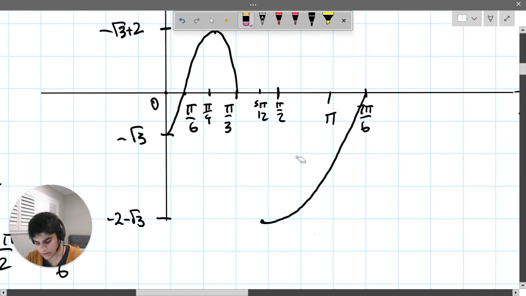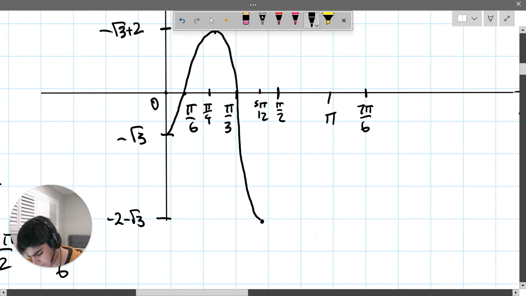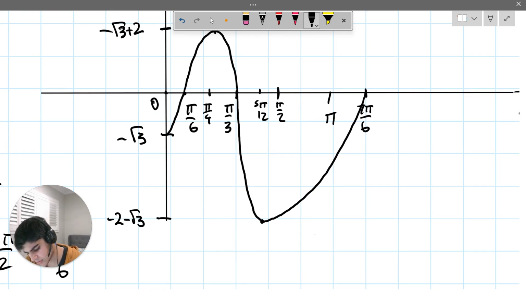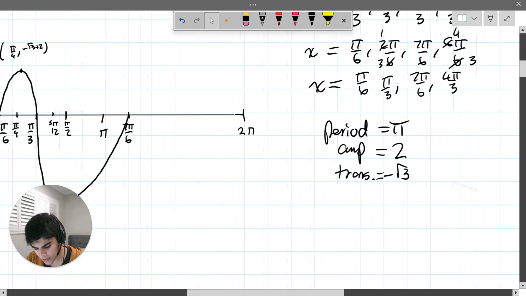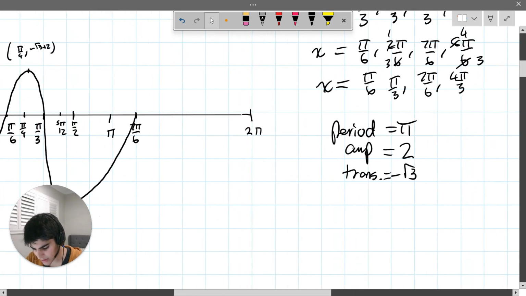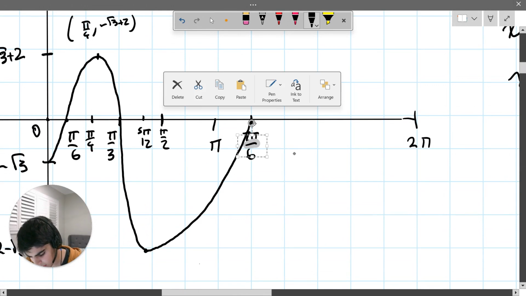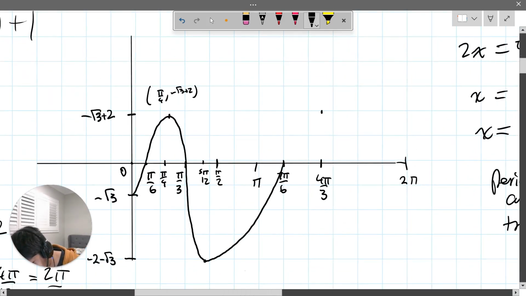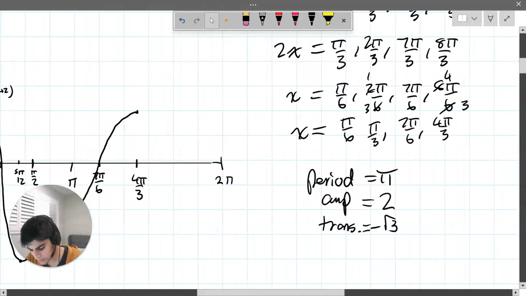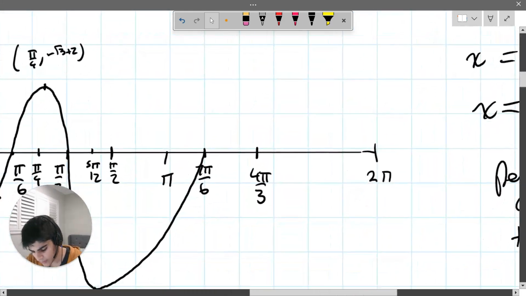Let me just fix this up. 7 pi on 6, plus 4 pi on 6, that's approximately 8 pi on 6, which is 4 pi on 3. 4 pi on 3 is approximately here.